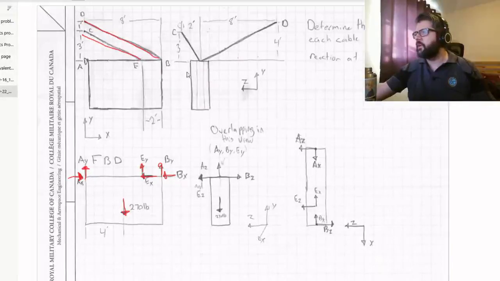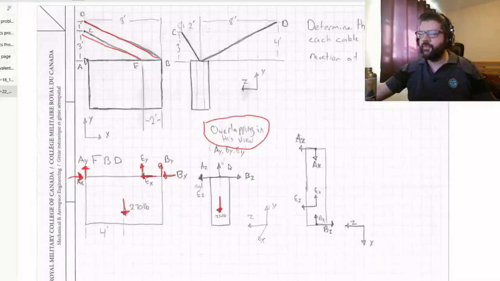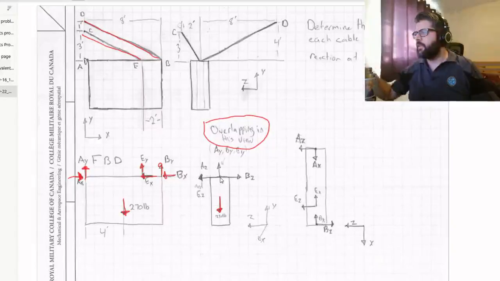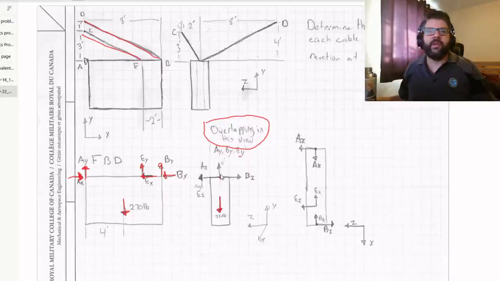This other view here, looking at the sign from the end, again, we can see the weight. Some of these forces overlap in this view. So if we're looking down the length at the top of the sign here, AY, BY, and EY get applied at the same spot, and they're acting in the same direction.